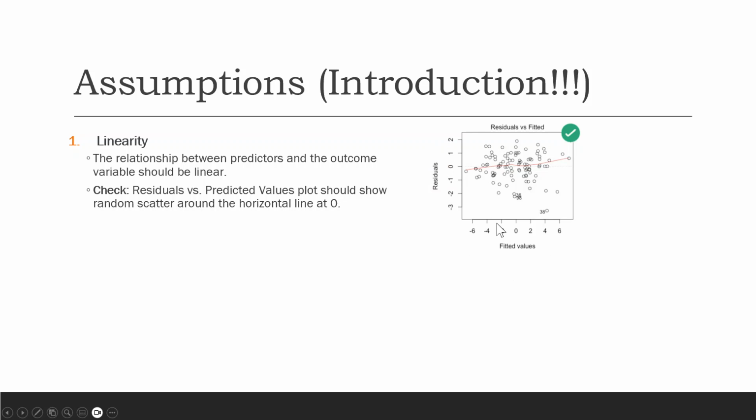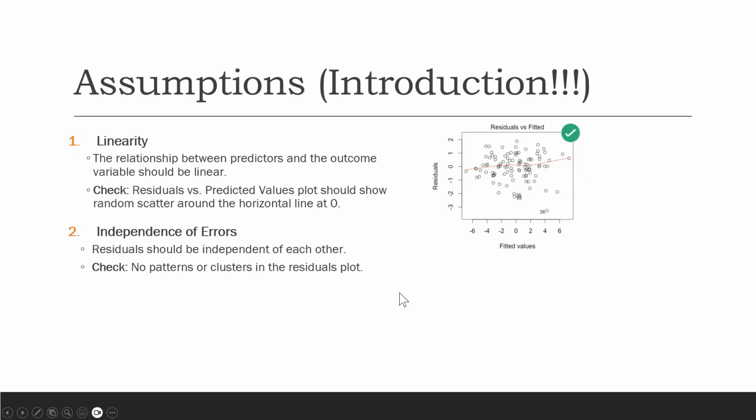This is a graph from R, the statistical program R, and R says fitted values instead of predicted values. JASP, which we're using, uses predicted values. When we see a plot of the residuals against those predicted values, we just want to see random scatter. If we see random scatter, which we see in this picture here, then that's evidence that we have satisfied the linearity assumption.